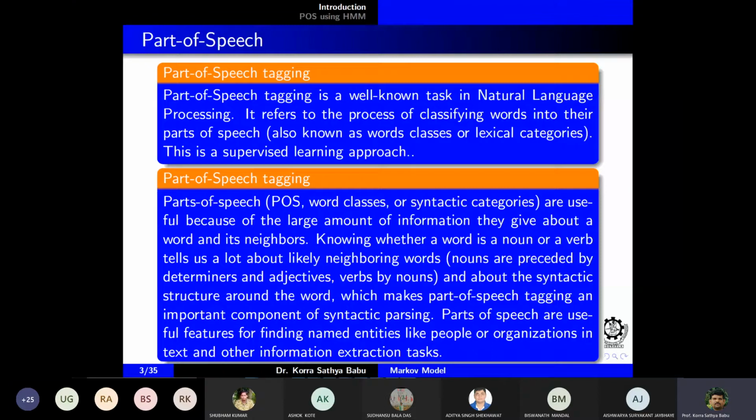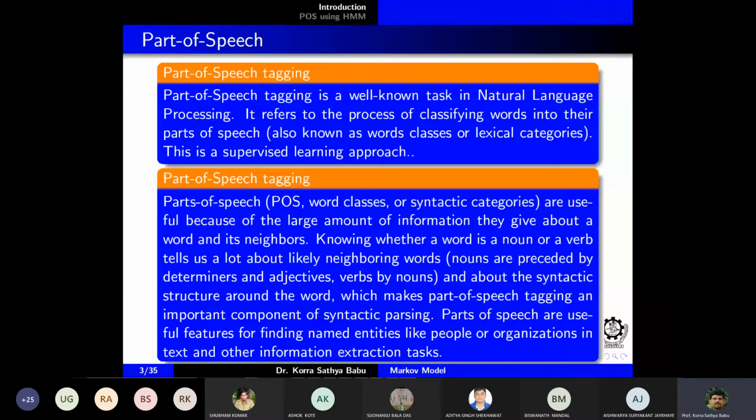So parts of speech are useful features for finding named entities like people or organizations in text and other information extraction tasks. So please remember that this is just an overview that I am giving about parts of speech tagging. Some more information I just wanted to put up.